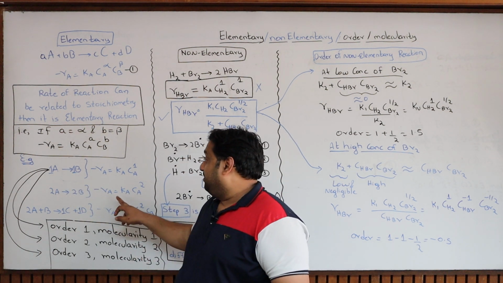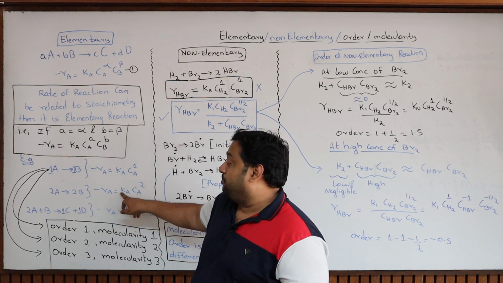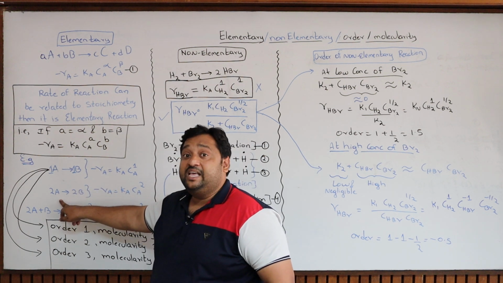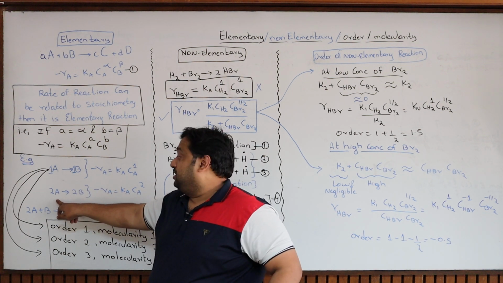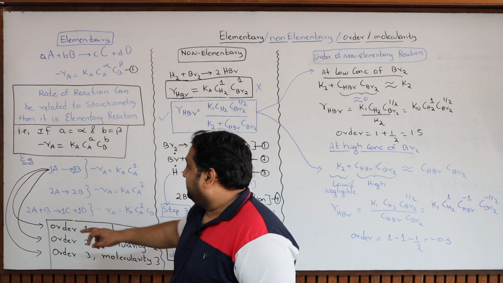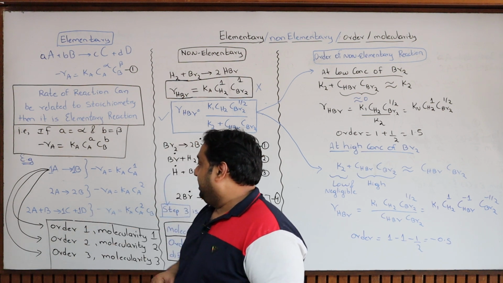But whenever from the experiments you can figure out that the speed of reaction is proportional to the concentration of A power square, then you have to represent the equation in this way, 2A gives rise to 2B. And third, 2A plus B gives rise to 1C plus 1D.